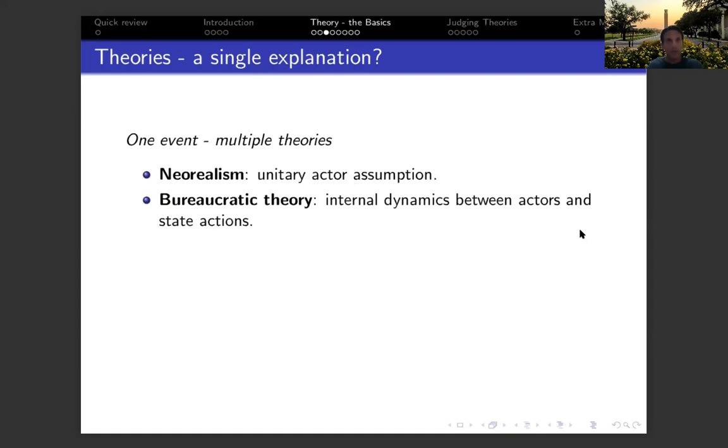Another theory is the bureaucratic theory of foreign policy. According to that theory, one of the central assumptions is that actions of the state on the international scale are based on the internal dynamics and the potential conflicts between actors.